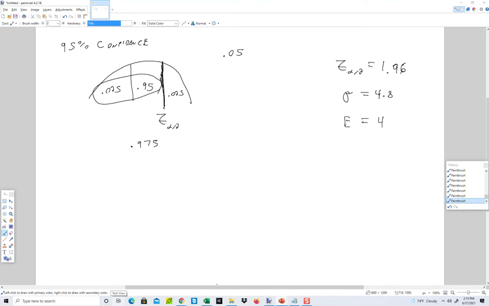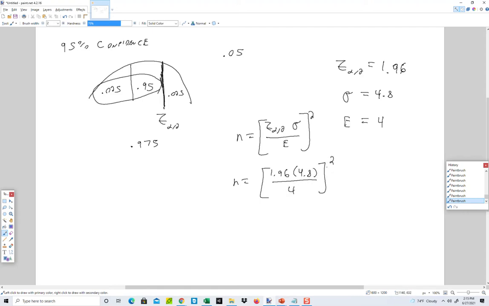So our formula says n is equal to z alpha divided by 2 times sigma divided by E, squared. So z is 1.96 times 4.8 divided by E, which is 4, squared.